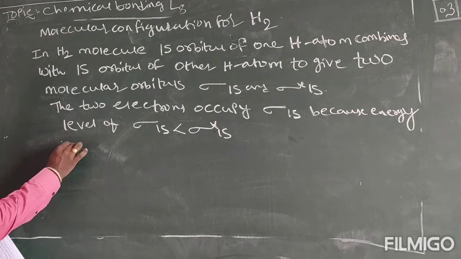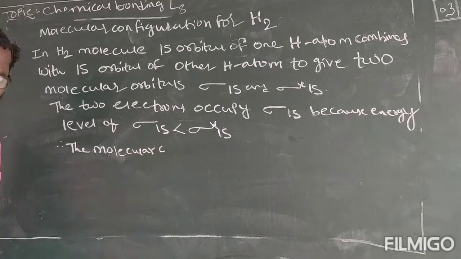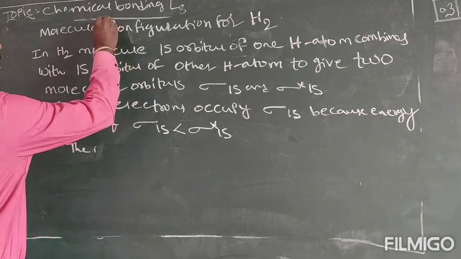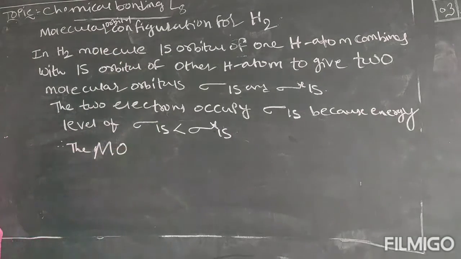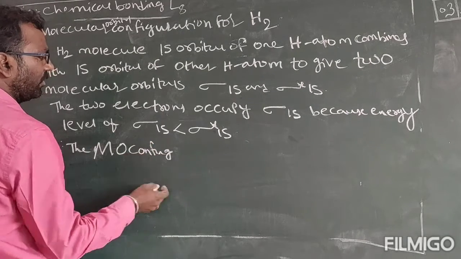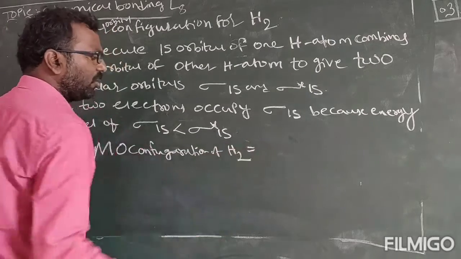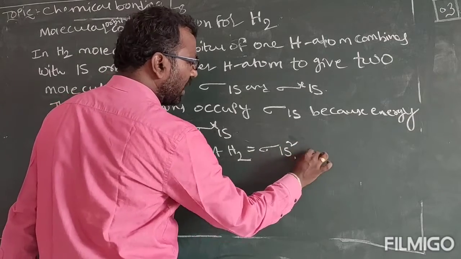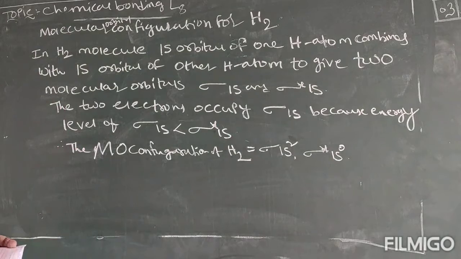Okay, so therefore the molecular orbital configuration, the MO configuration of hydrogen, how will we write it? Sigma 1s2, sigma star 1s0, nothing will be there in that.